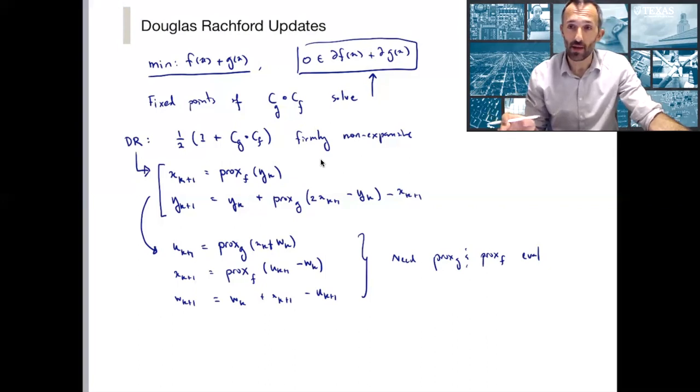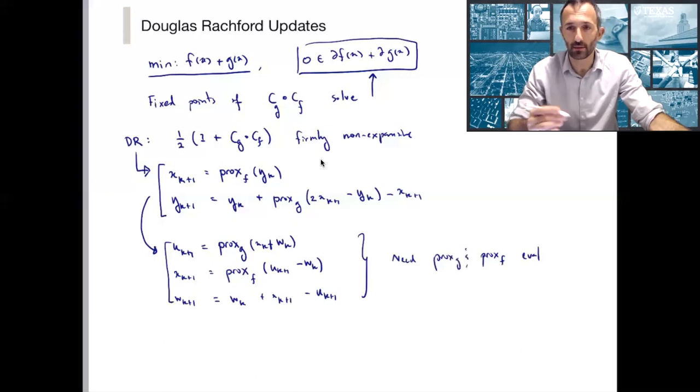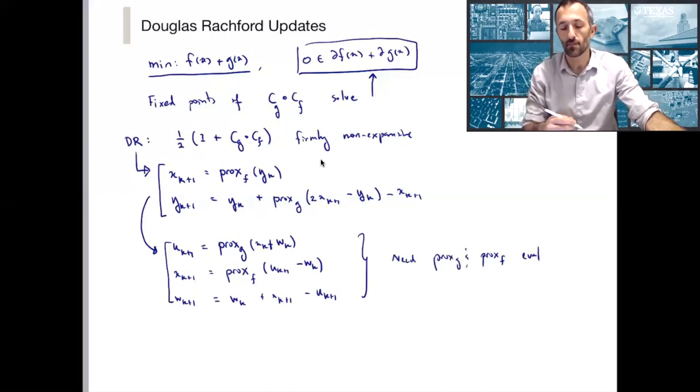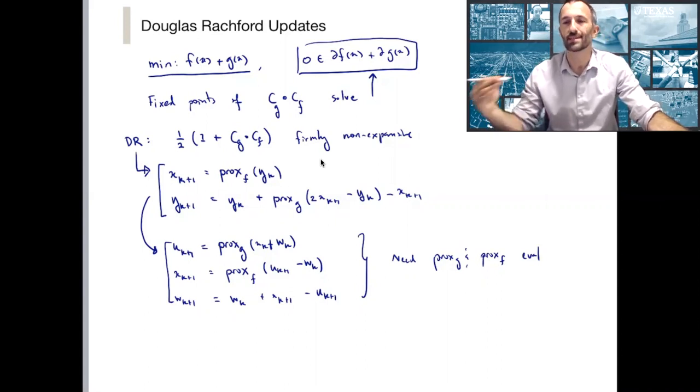And then the final note that we made in the previous lecture is that, in terms of finding the solution, the argmin of f of x plus g of x is the same as the argmin of any positive scaling of f of x plus g of x, lambda f of x plus lambda g of x. If you go through this algorithm, you'll see that it's in fact not invariant to scaling, unlike other algorithms that we've seen. And so if we scale, all of these prox functions just become the scaled prox function.